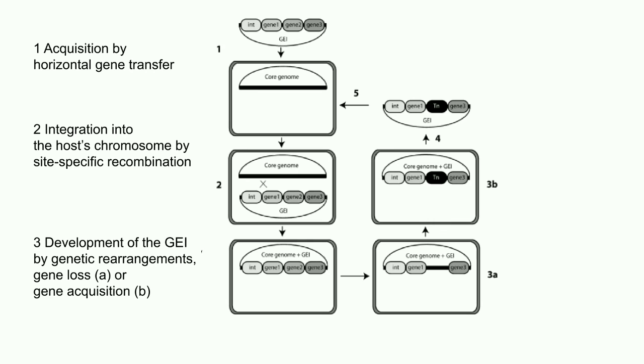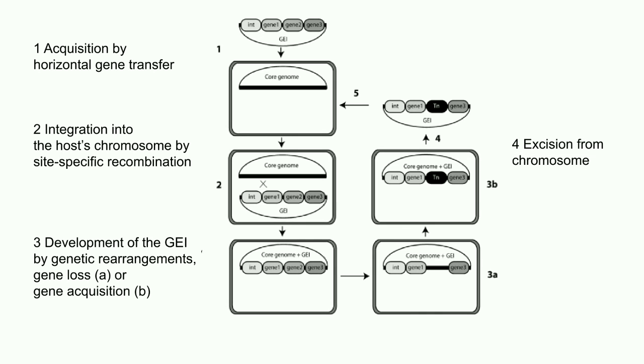So as you can see, this genetic arrangement can either be due to gene loss or gene acquisition. So in the 3A diagram, you can see that the core genome has lost the gene number 2, whereas in the 3B diagram, you can see that an additional TN gene has been acquired by this particular modified core genome and pathogenicity island.